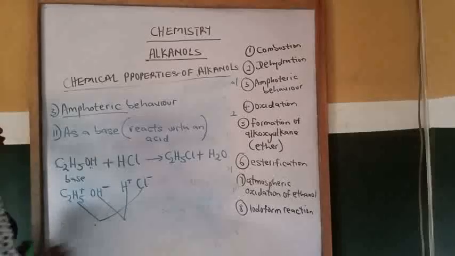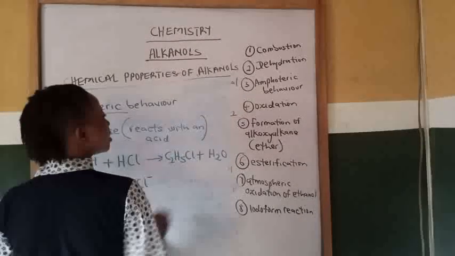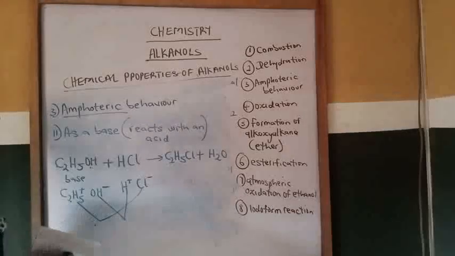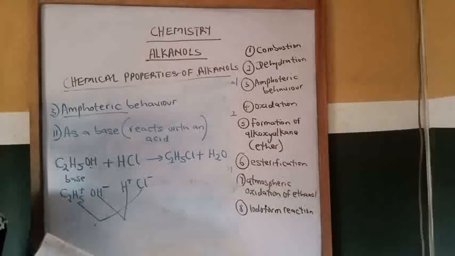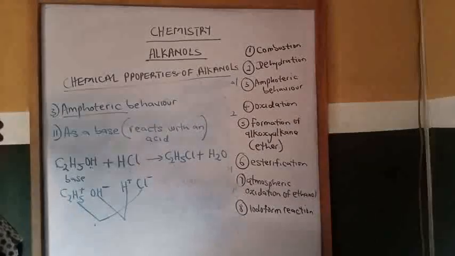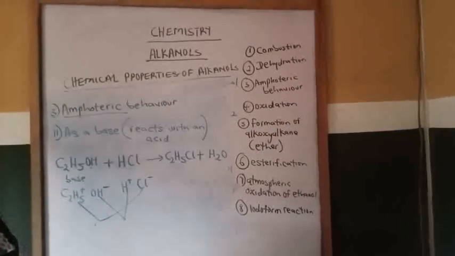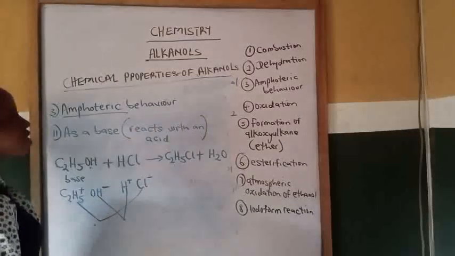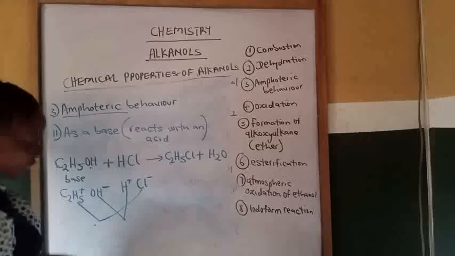That is the amphoteric reaction of alkanol. So let's move to number 4, which is oxidation of alkanol. Under this oxidation, we are going to discuss oxidation of primary alkanol, then oxidation of secondary alkanol.